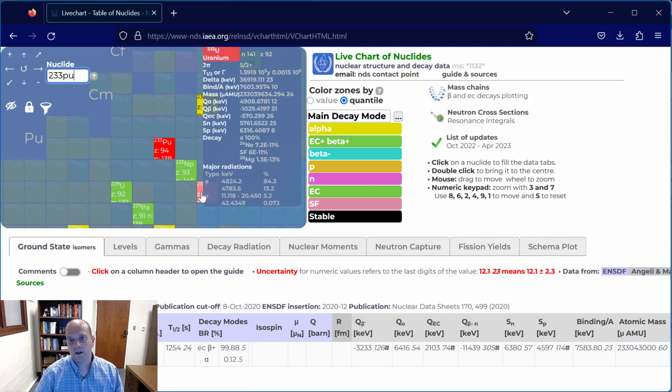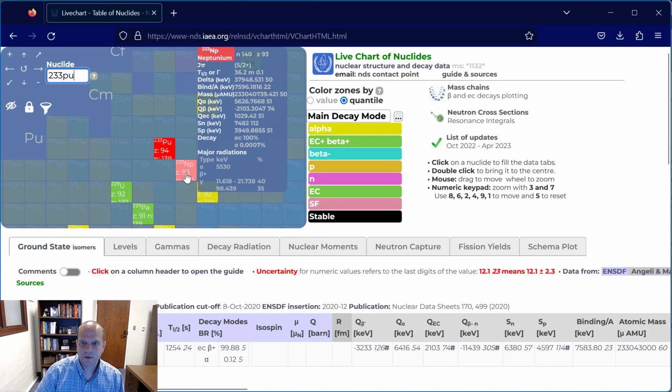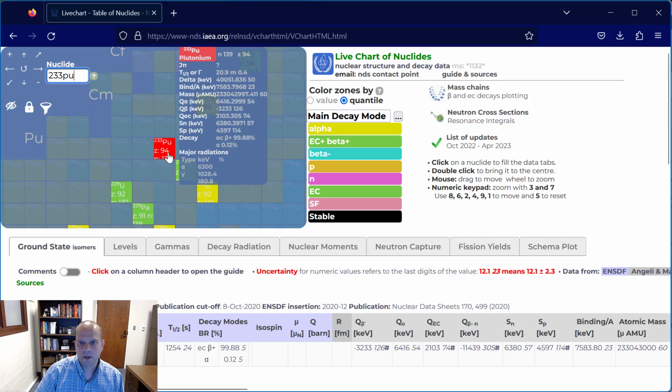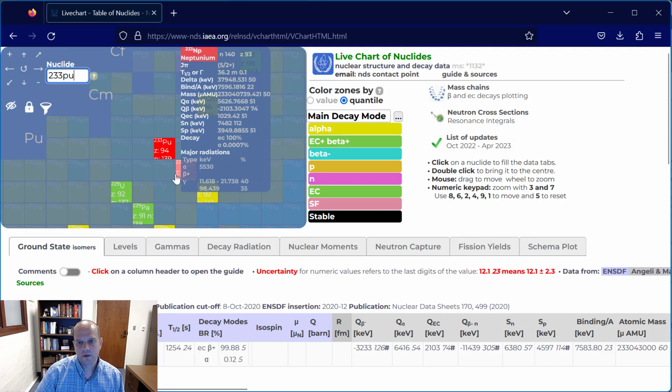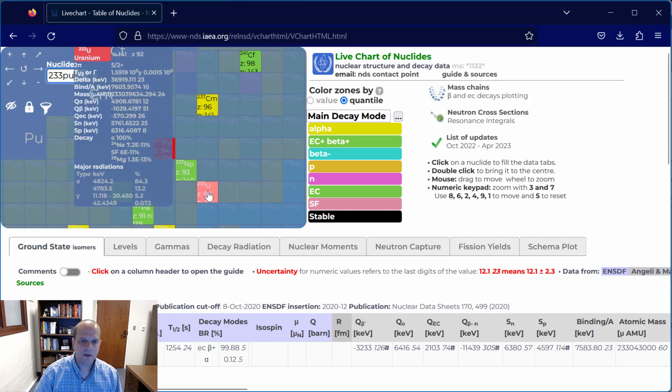Now this one has a half-life of 1.59 times 10 to the 5th years, which compared to my half-lives of 36.2 minutes and 20.9 minutes is many orders of magnitude larger than either of these two. And so for intents and purposes of this problem, I can treat that as quote-unquote stable.